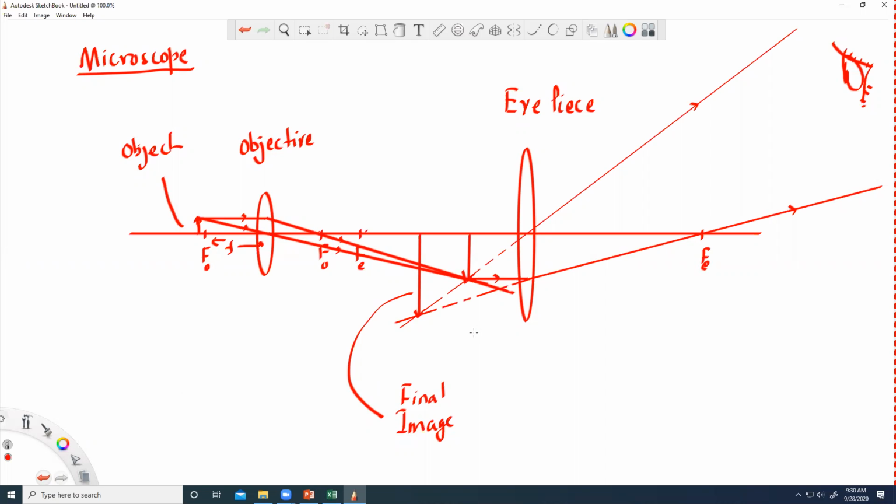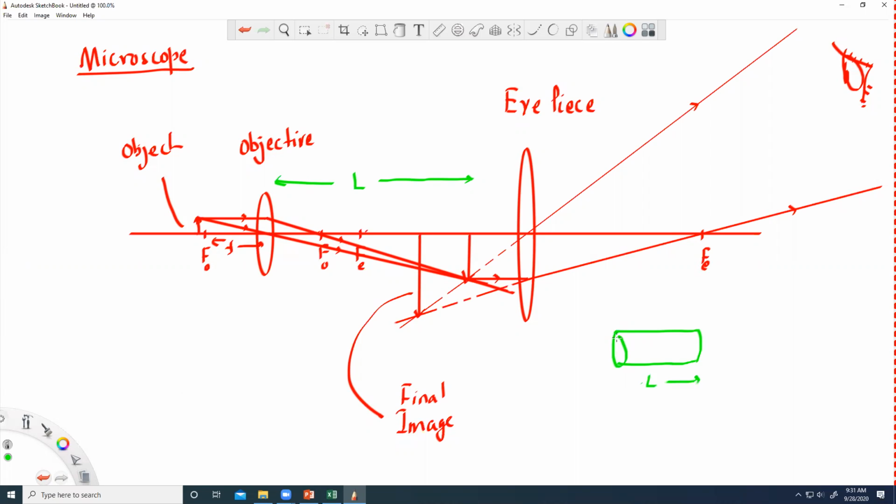One thing I would like to mention here: the distance between the image formed by the objective and the objective lens is called the tube length, L. Usually these two things fit within the tube of the microscope.